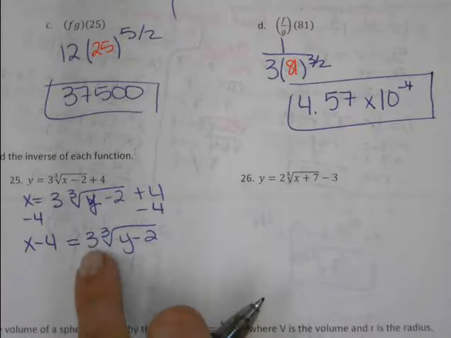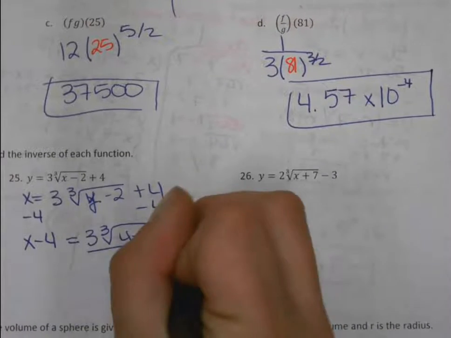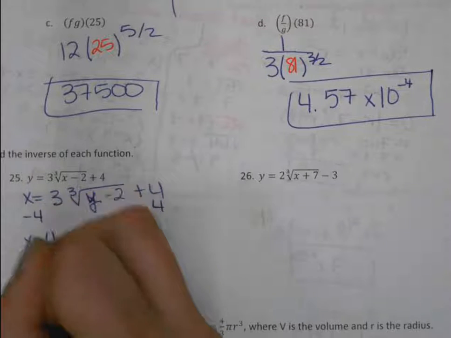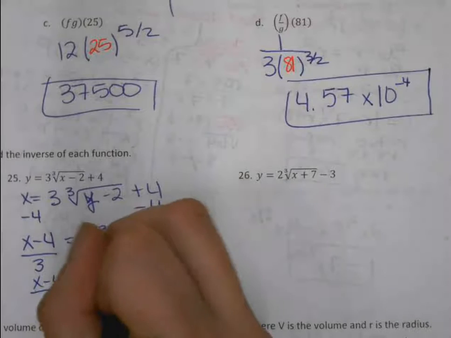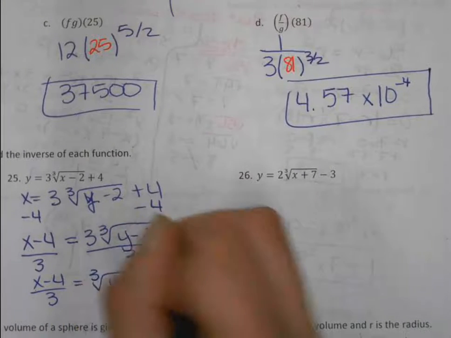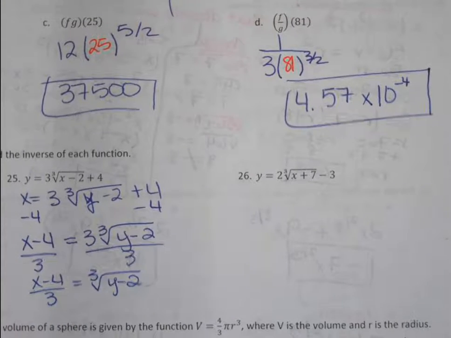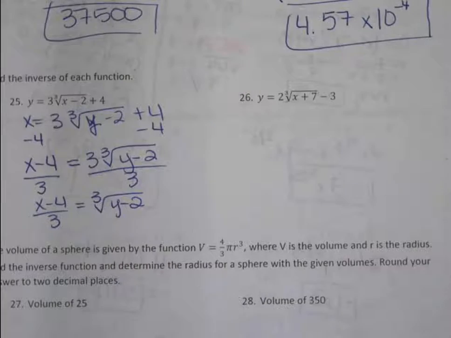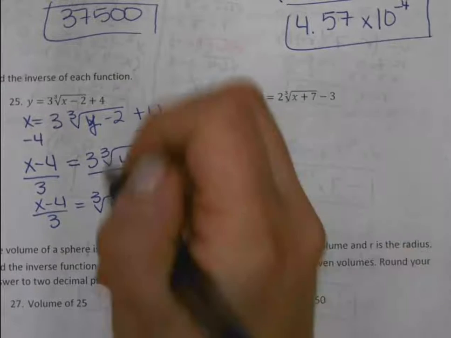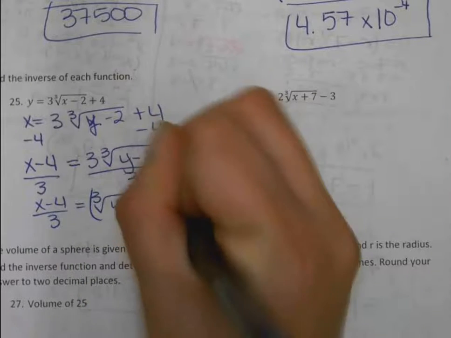First thing I want to do is get the radical completely alone, so I'm going to divide by 3 on both sides. So then I have x minus 4 over 3. Now I want to cube them.